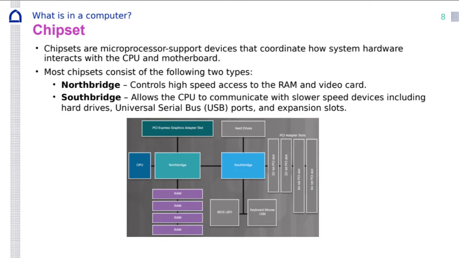North Bridge is high-speed, and controls high-speed access to the RAM and video card. South Bridge allows the CPU to communicate with slower speed devices, such as your hard drive, because hard drives, especially the old ones, have mechanical parts, your USB ports and expansion slots. So it's called South Bridge.